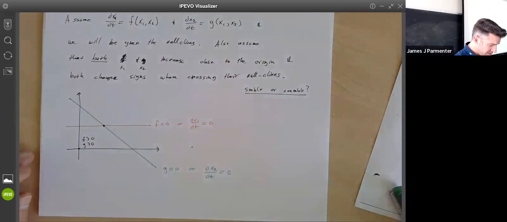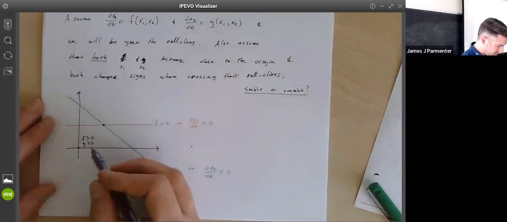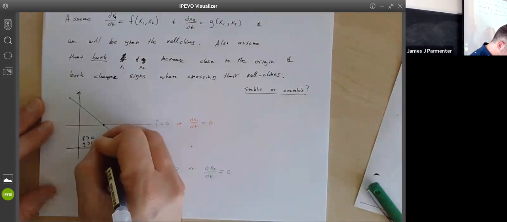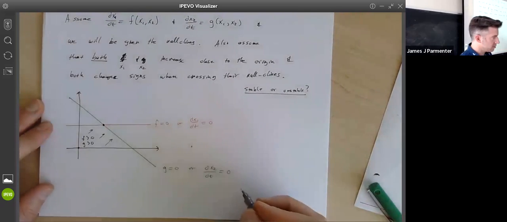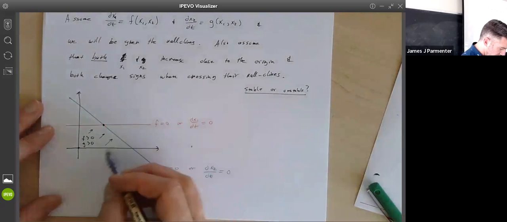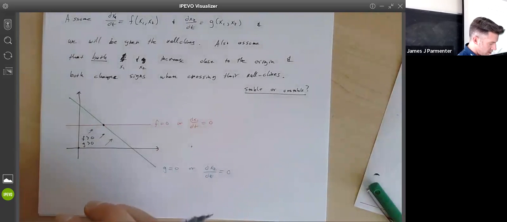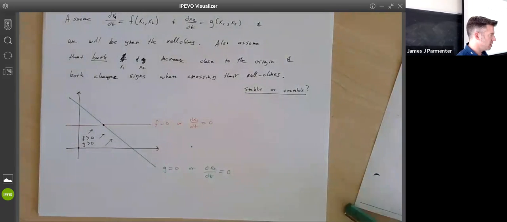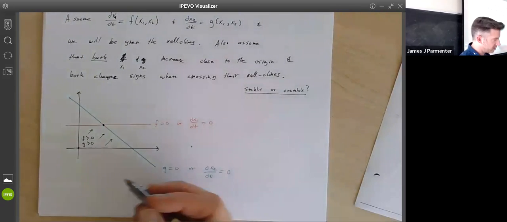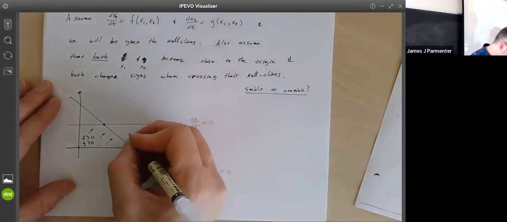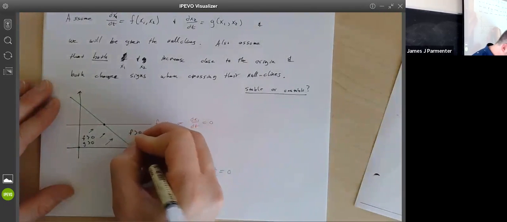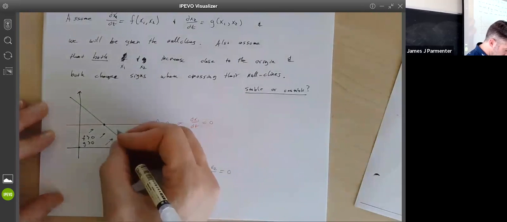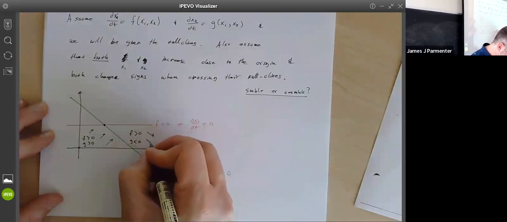I also like to draw the arrows. If F and G are both positive, we know we're going up and to the right. And then when we cross G, what's going to change? F or G? When you cross the thing, that's the thing that changes. So F is still positive, but now G is negative. So we're still going right, but now we're going right and down.